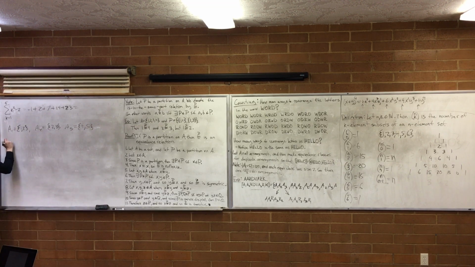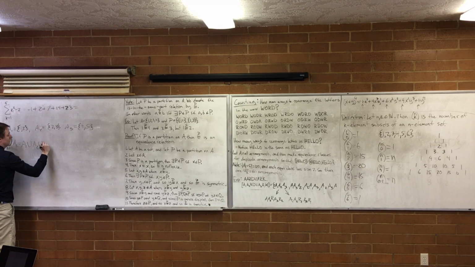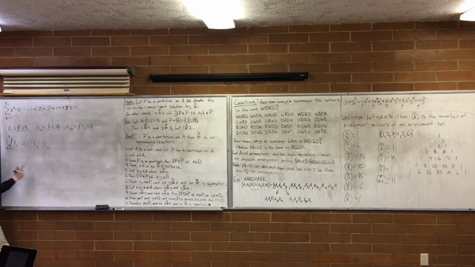Then I would say the union from k equals 1 to 3 of A sub k is equal to A1 union A2 union A3, which is equal to 1, 2, 3, 4, 5.